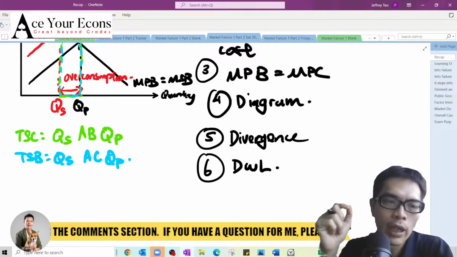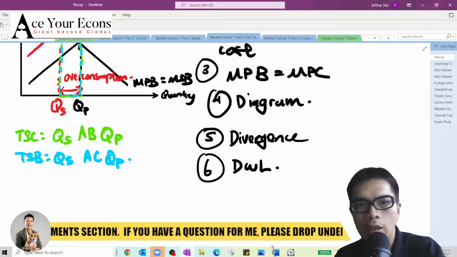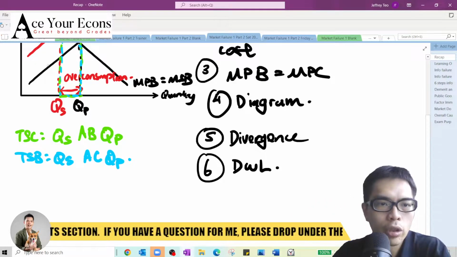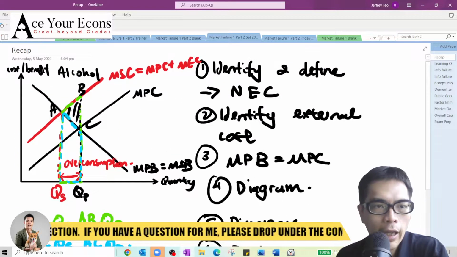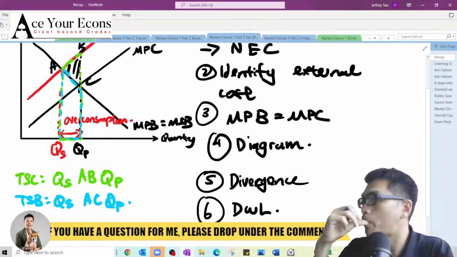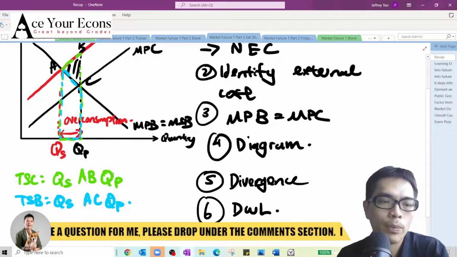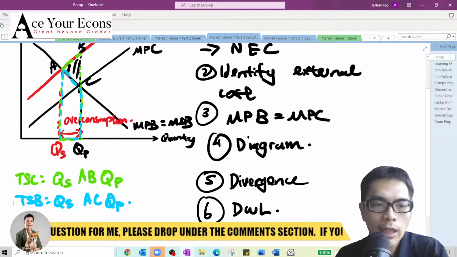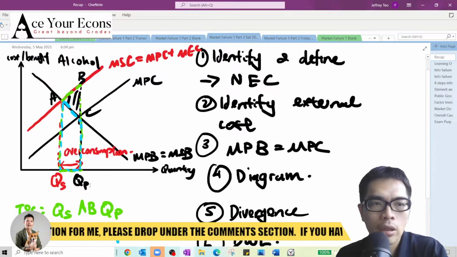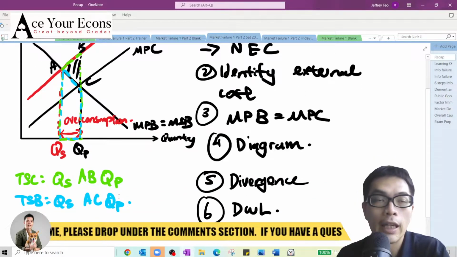In this case, you realize that when the total social cost exceeds total social benefit, there will be a net social cost of A, B, and C. Likewise, if total social benefit exceeds total social cost, then you need to tell me which are the 3 points as well. So this illustration is exceptionally crucial. You need to tell me the area of your total social cost and total social benefit and the net of these two.